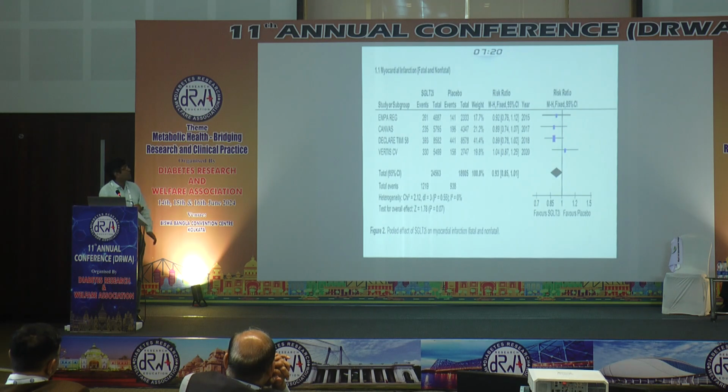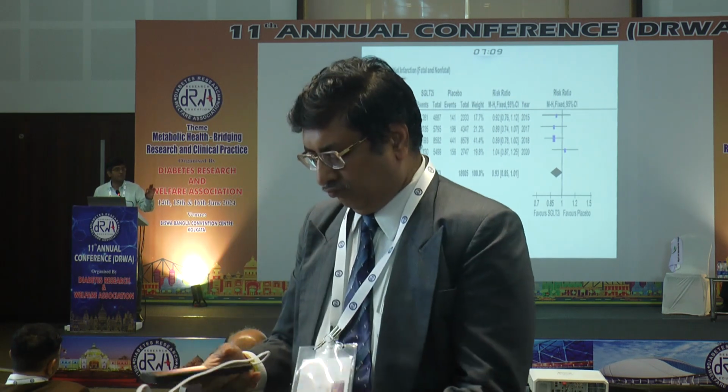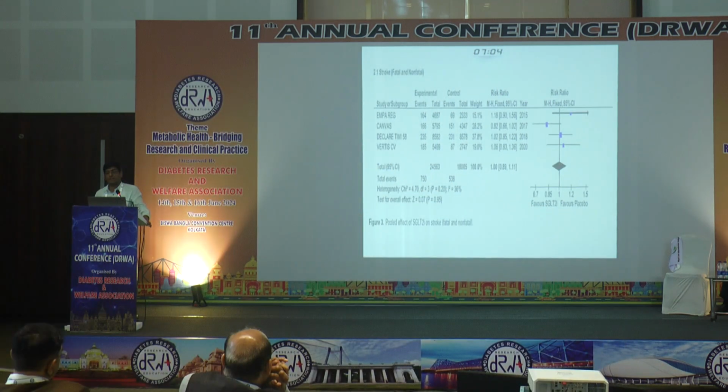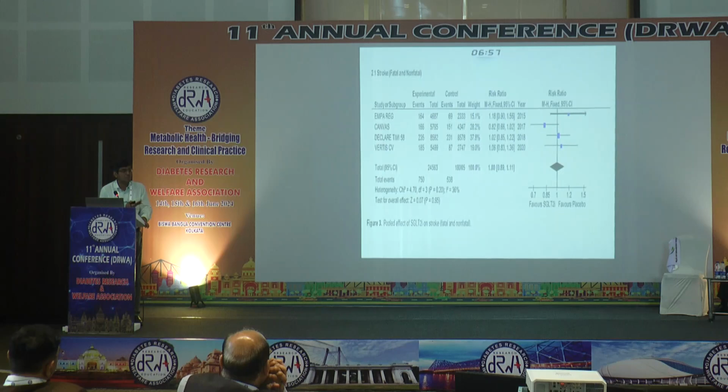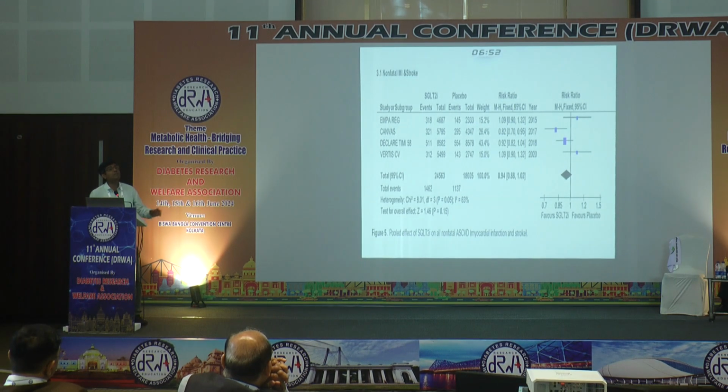So if you look at myocardial infarction overall, whether it's fatal or non-fatal, there is no change between the placebo group and the active group. So myocardial infarction is not reduced by SGLT2 inhibitors. What about strokes? Whether it's fatal or non-fatal, the diamond of the meta-analysis is exactly in the midline. It does nothing. There is no change. Now you might argue and say, okay, I'm going to look at only the non-fatal events, because non-fatal events should be easier to prevent.